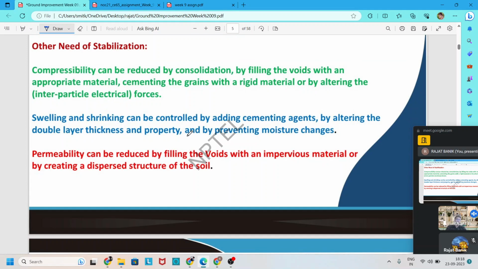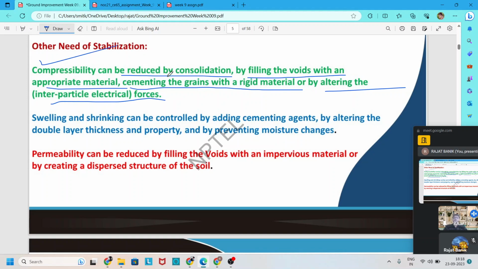What are the other applications of this soil stabilization? It is said that compressibility can be reduced by consolidation, by filling the voids with an appropriate material, cementing the grains with rigid material, or by altering the interparticle electrical force.